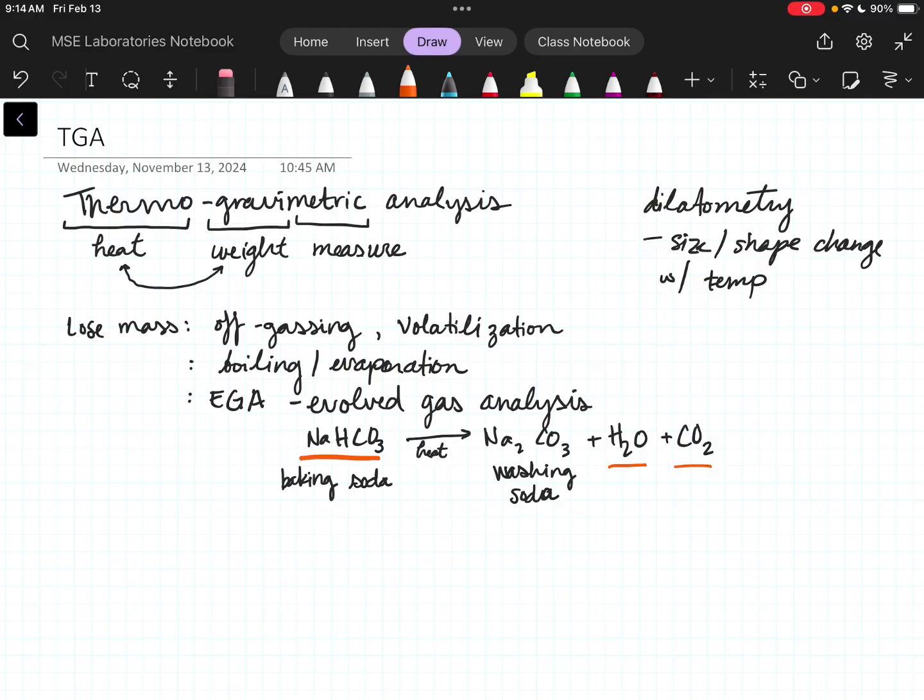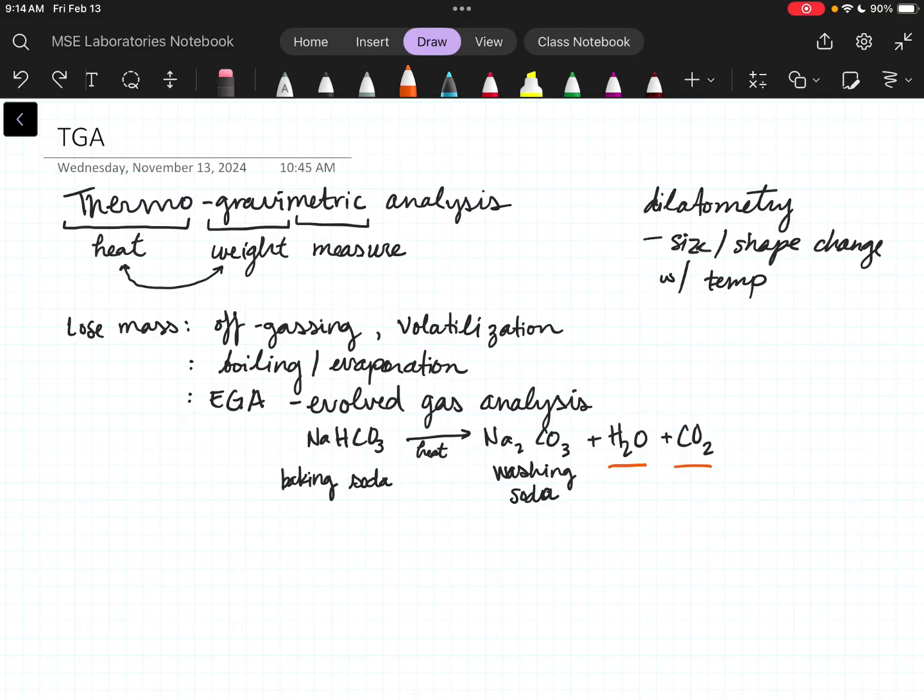And you also get two byproducts, both of which, if you continue to add heat, will be gases eventually. Carbon dioxide starts as a gas, and you can also evaporate off the water to dry it off entirely.